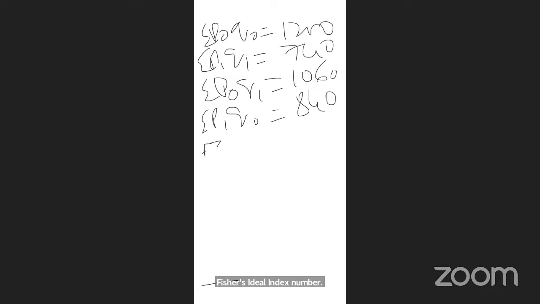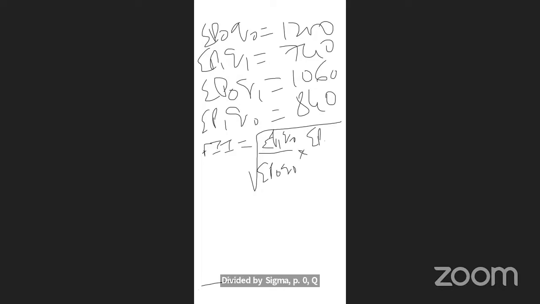Now, Fisher's ideal index number is under root sigma P1 Q0 divided by sigma P0 Q0 into sigma P1 Q1 divided by sigma P0 Q1 into 100.